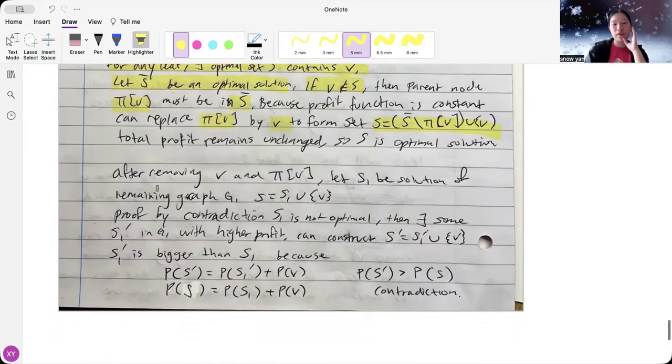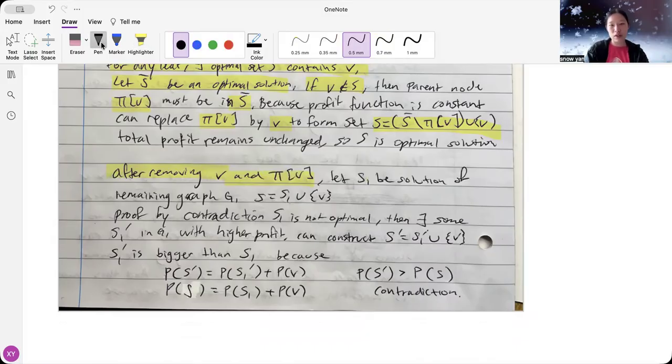And the second lemma that we need to prove is that after removing V and the parent of V, let S1 be the solution of the remaining graph G1.